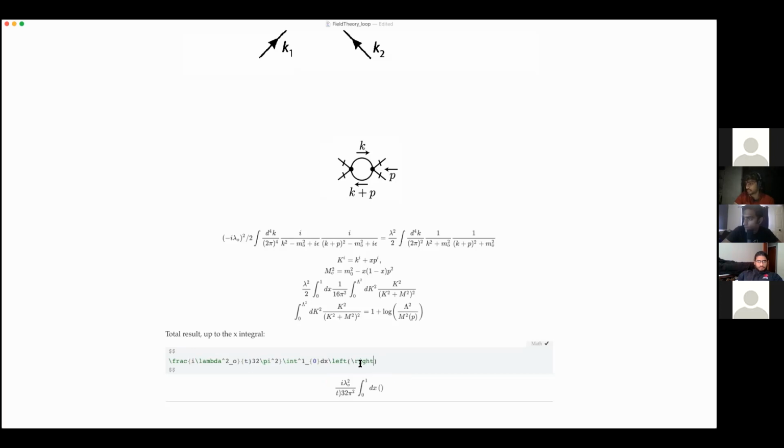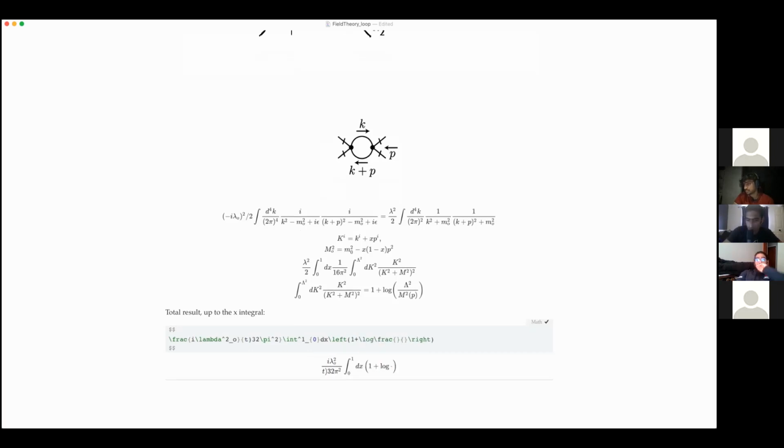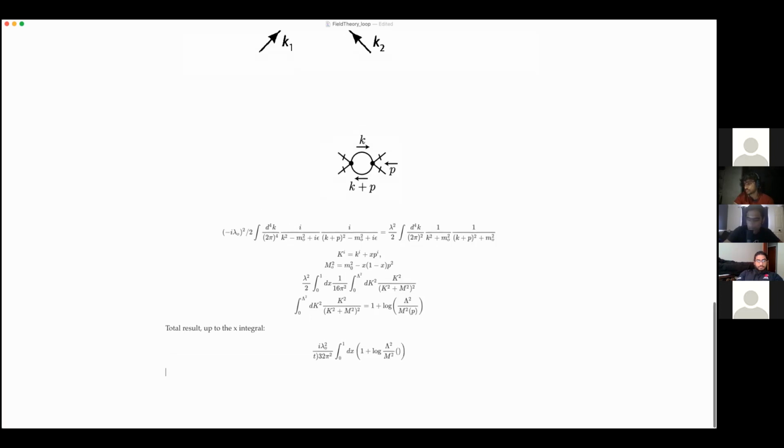The 1 plus the log of lambda squared over m squared of s. Sorry, this came outside. S. And I just copy this 3 times.